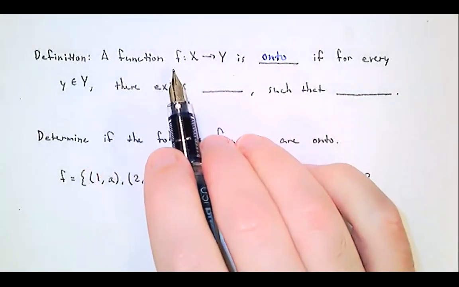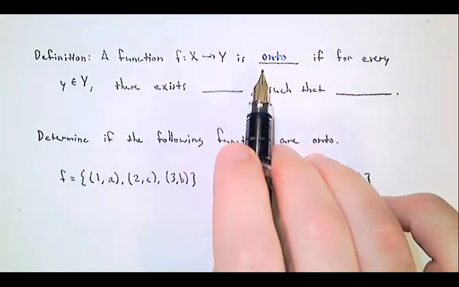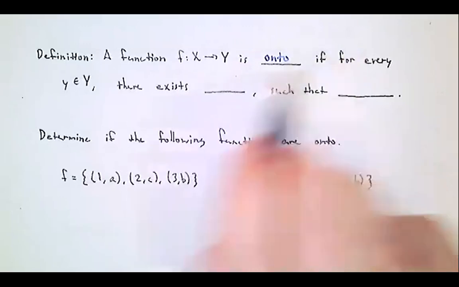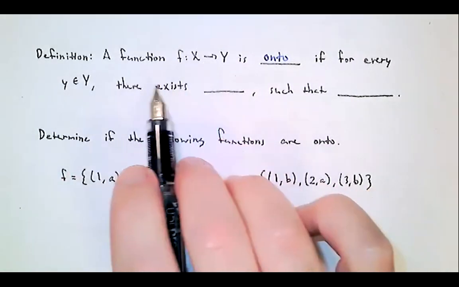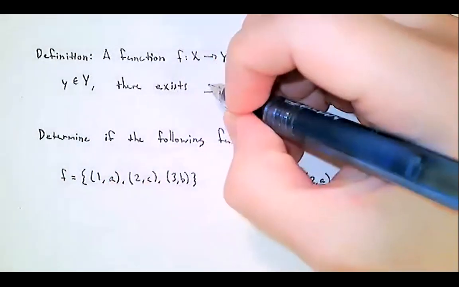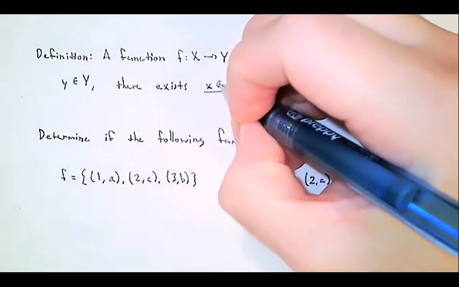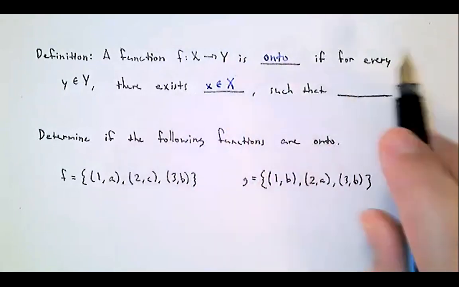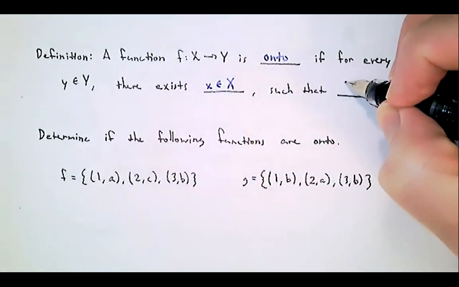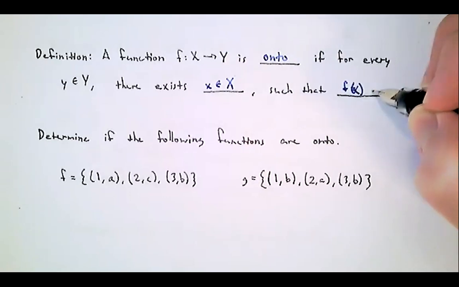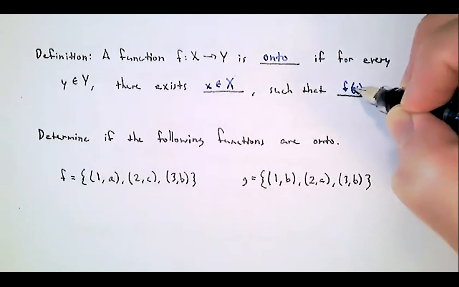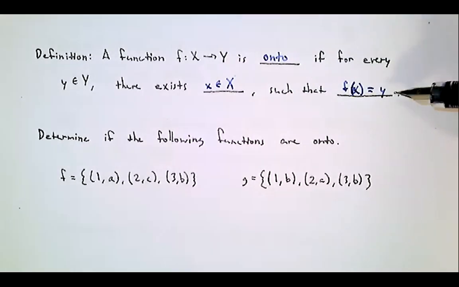A function f from x to y is onto if for every element y in the codomain, there is an element x in the domain such that f of x is equal to that element in the codomain. So f of x equals y.